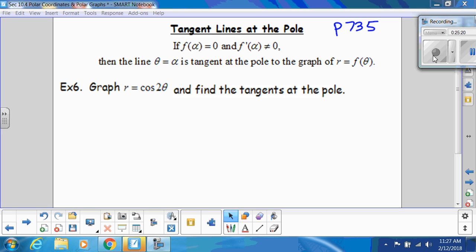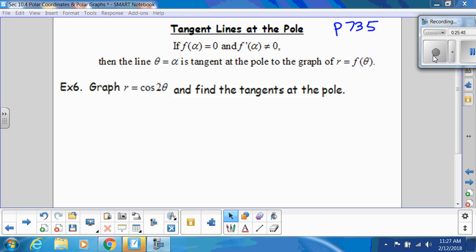On the left, look at that bottom graph, where we have a rose curve. The tangents at the pole occur in different spots because the graph reaches the pole several times throughout its cycle. Notice that those are not horizontal and vertical tangents, so we want to be able to find those special tangents as well.